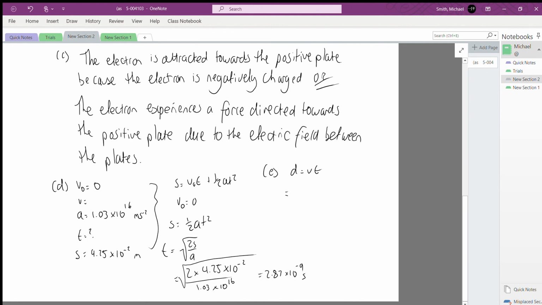So we can just substitute these in. And the time, 2.87 times 10 to the power of minus 9, which if we substitute into our calculator, we get 0.072 meters, or it's just a bit nicer if we write that as 7.2 centimeters.